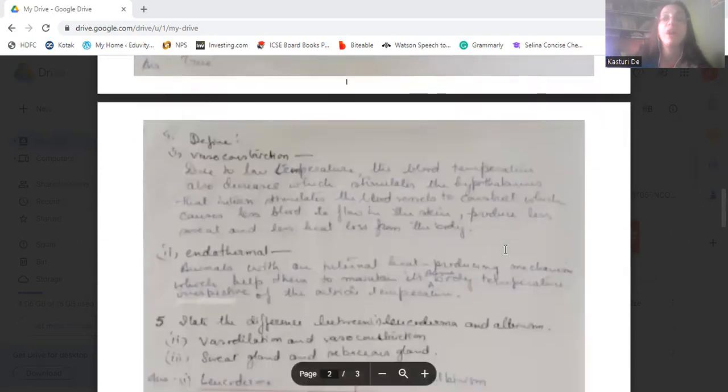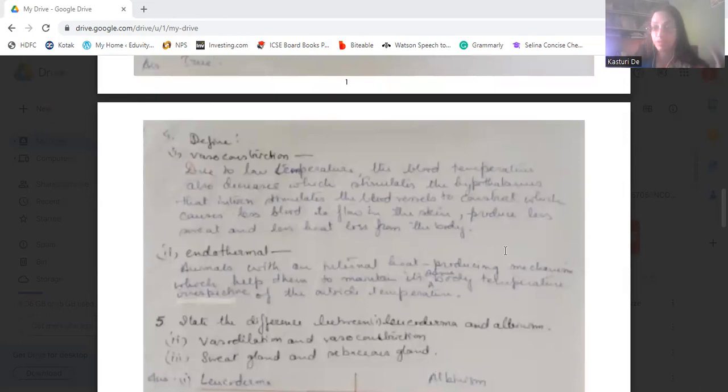Then define vasoconstriction and endothermal. Vasoconstriction is when the outer environment is cold, mainly in the winter season, the blood temperature also decreases, which stimulates the hypothalamus of our brain, which in turn stimulates the blood vessels to constrict the blood flow inside the skin.